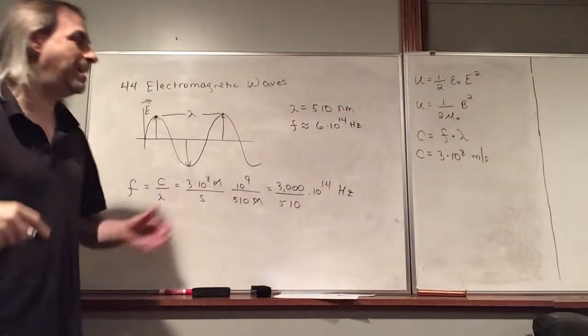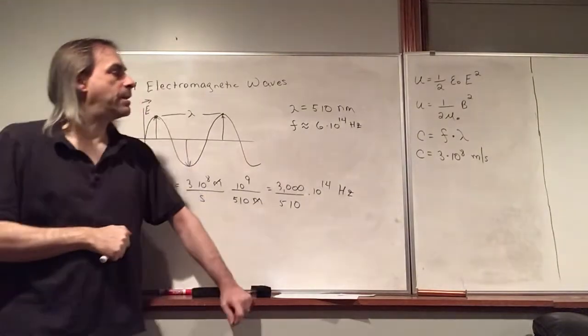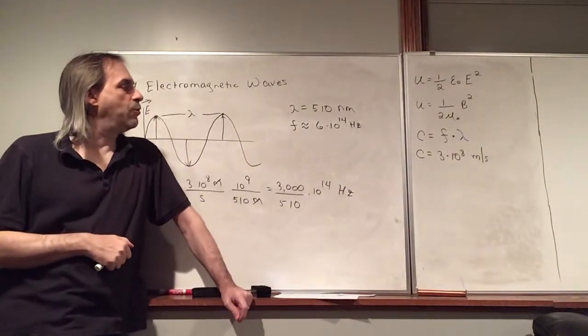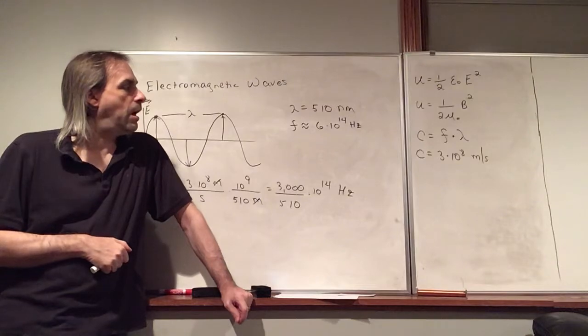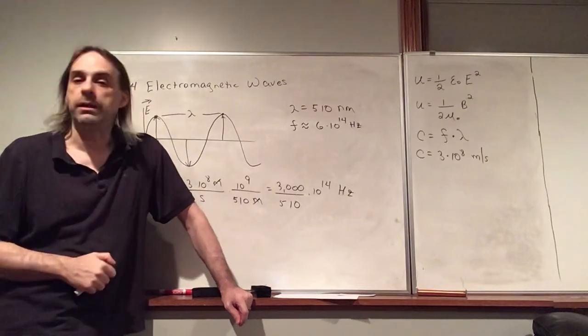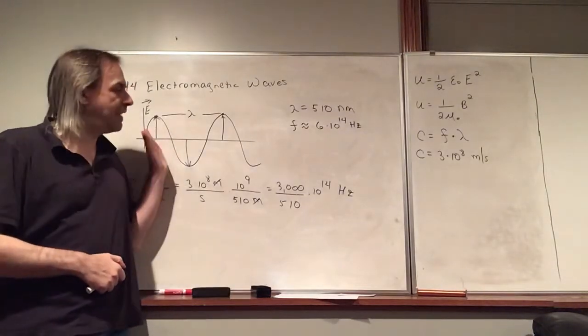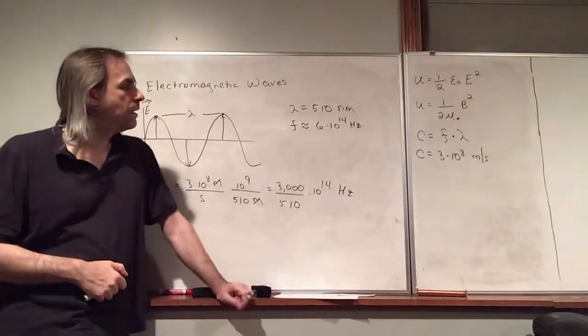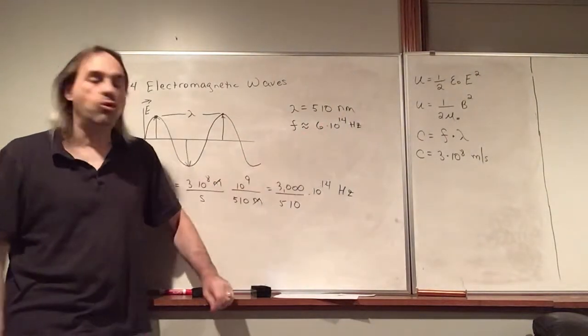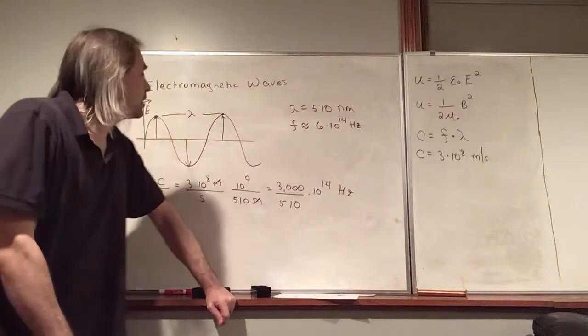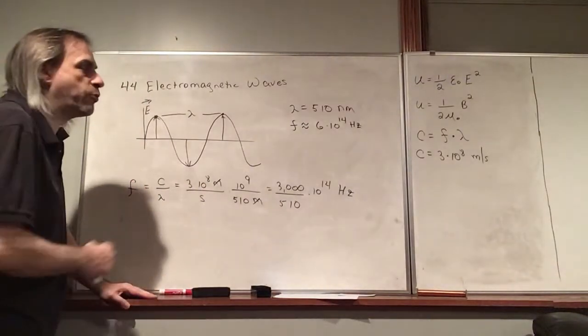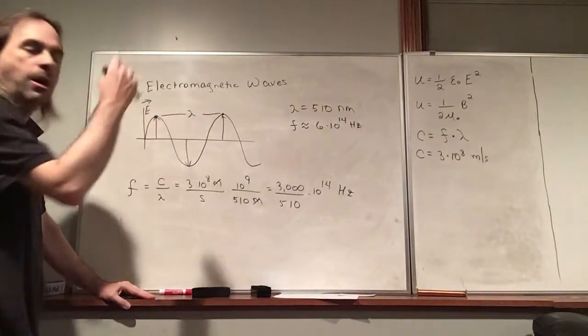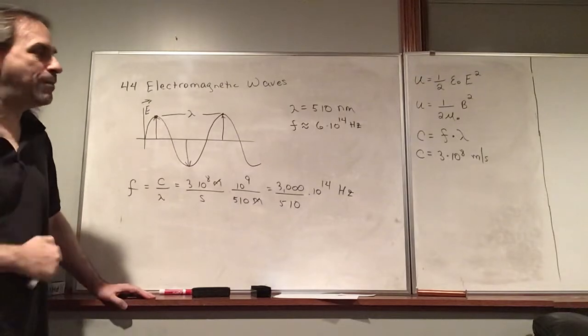So what is that? That's 60,000 billion cycles per second. If you were to look at this wave for 1 second, this is how many cycles you would see. If you were to actually look at the electric field, it's going up and down, but it is happening so fast.